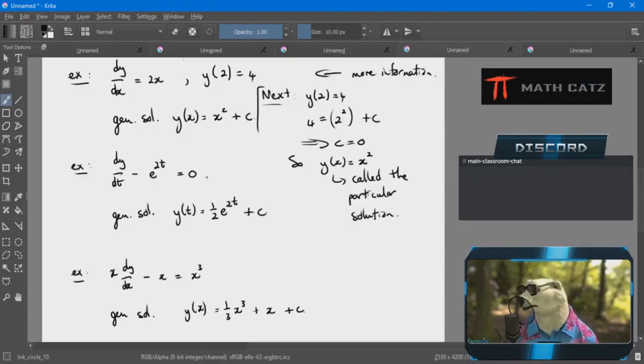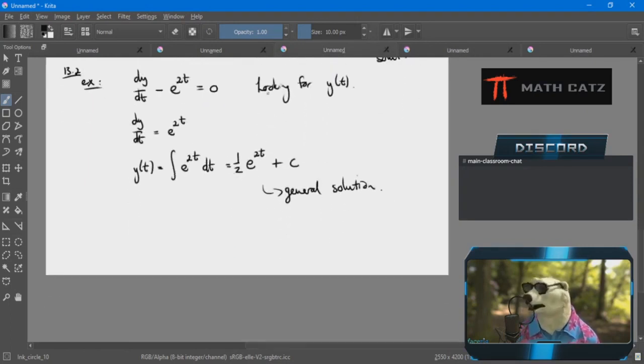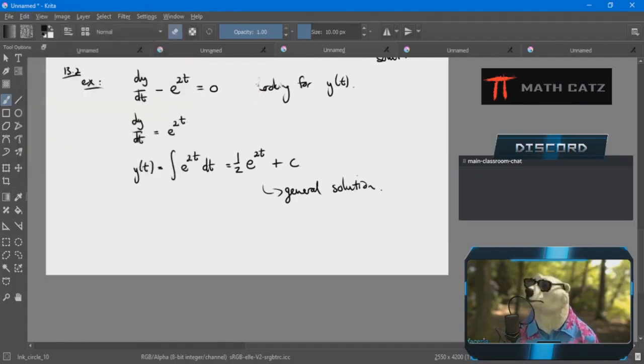So let's do that for the other two of our 3 examples. I don't have a lot of space here, so let's go back to where this one was. It was over here. And let's erase this, because I'm now going to put in the extra information. So a differential equation on its own is just called a differential equation.